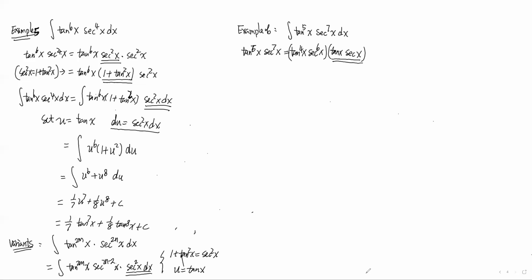You separate one tangent x and secant x together, and then you set u is secant x, and tangent x squared is u squared minus 1. Anyway, the method is like this. You just follow this method, and that's okay, I think. I think that's the normal problem for this part.